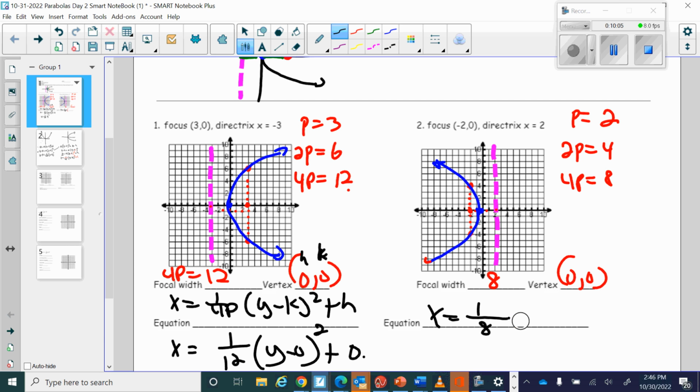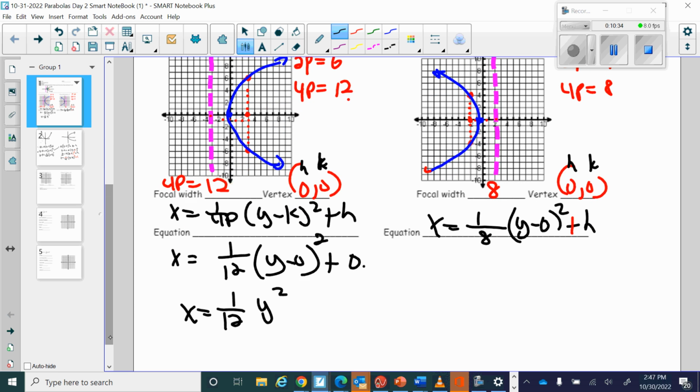So in fact, let me just write this out so you can see this now. So (y minus k) squared, which is 0, plus my h, and so again, plus 0.